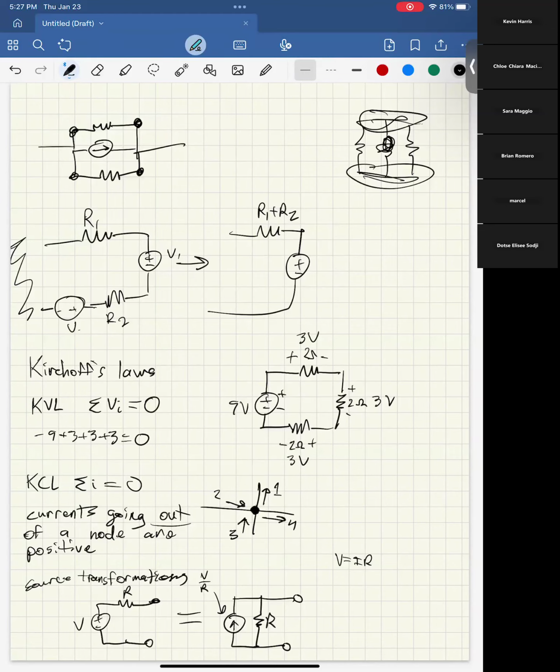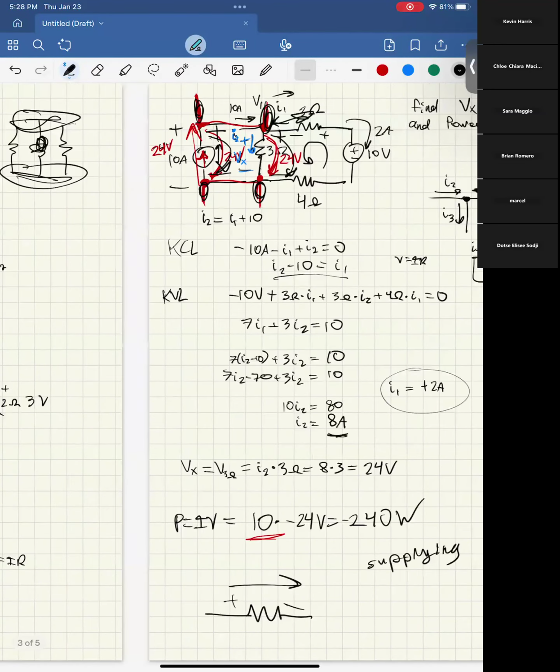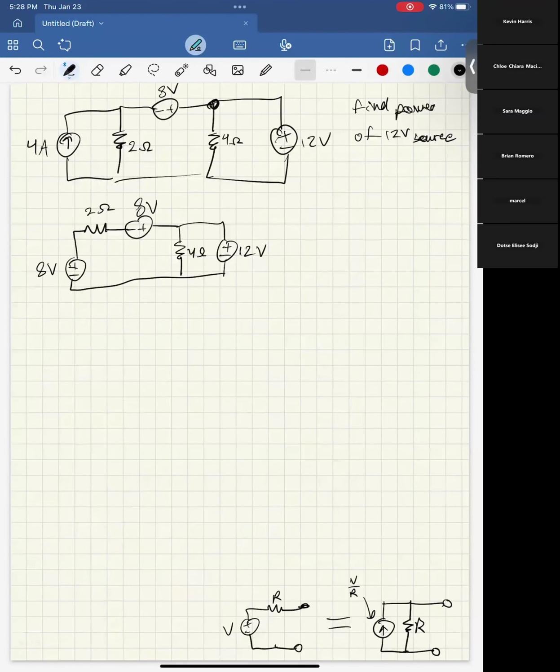If this was V1 and this was V2, then you could combine these to V1 plus V2. This isn't quite accurate actually, but actually no, that's accurate. Ignore me. Okay, so as I said, you can combine these two to something like this.